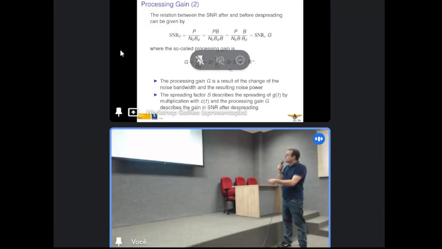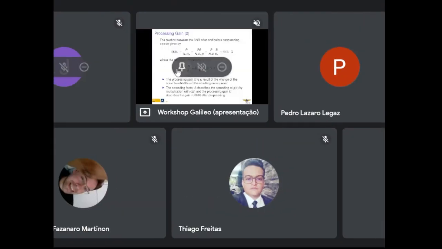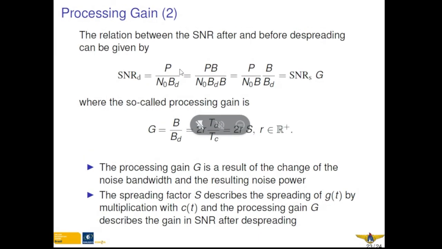In our case, we assume that B is equivalent to R divided by TC, so B times TC is equivalent to R. In some signals, for example the GPS C/A code signal, B times TC is 1, if you assume a bandwidth of 1.023 megahertz.